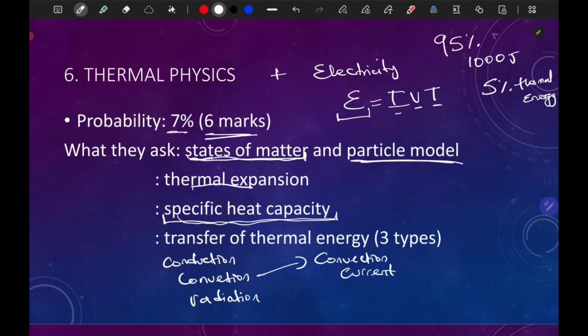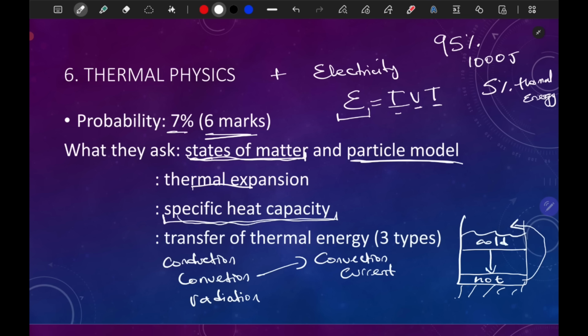If you don't know what a convection current is, let me give you a quick recap. Let's say we have a container and we're boiling water. So there's some water. When you're boiling this water, the bottom part gets hot. When it gets hot, it gets less dense. So that means the hot water goes to the top, and the cold water on top sinks down.